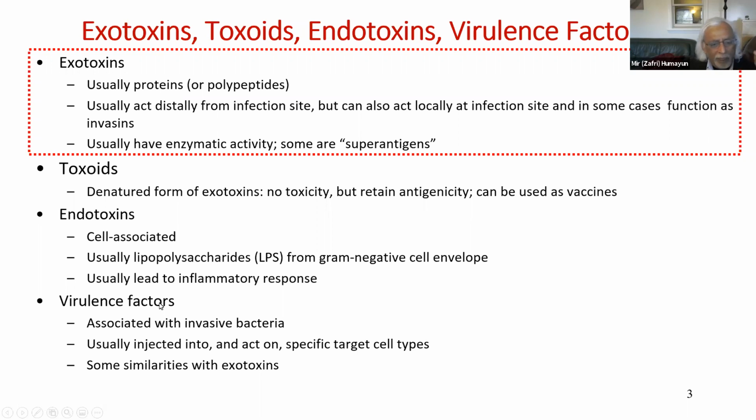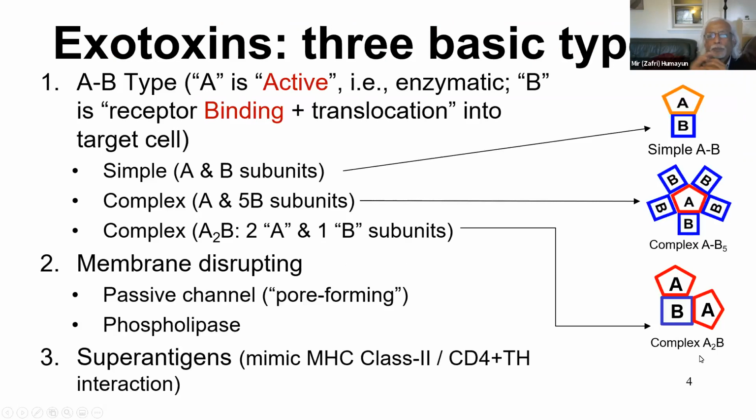There are some similarities between virulence factors and exotoxins, but the only topic we're going to discuss here is exotoxins. Okay. There are three basic types of exotoxins: the A-B toxin, the membrane disrupting toxin, and superantigen. These are the three major types of exotoxin.